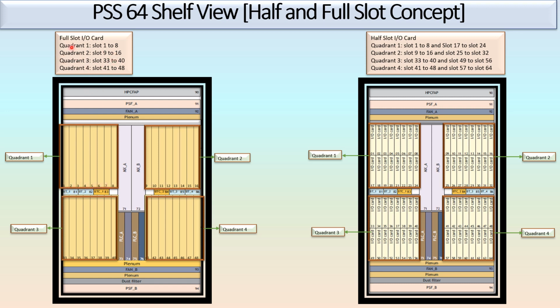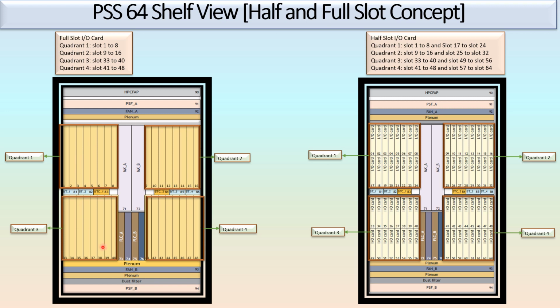In the same way, in quadrant 2, the numbering is slot 9, 10, 11, 12, 13, 14, 15, 16. In quadrant 3, the numbering is from slot 33 to slot 40. And in quadrant 4, the numbering is from slot 41 to slot 48.